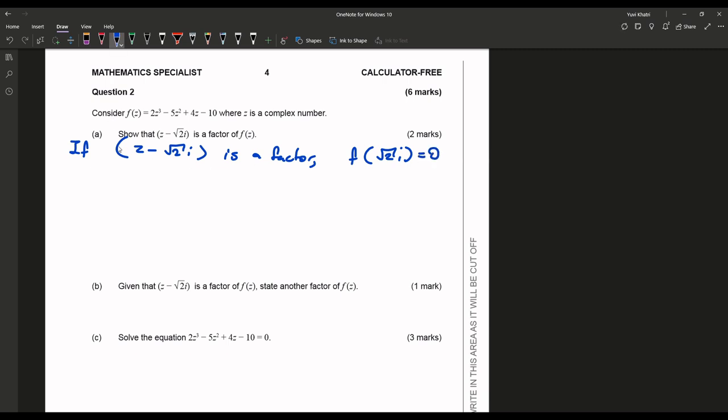Because that's the factor theorem. So let's just sub in root 2i. Remember, to get this, you just go z take root 2i equals 0, and from there you get z equals root 2i.